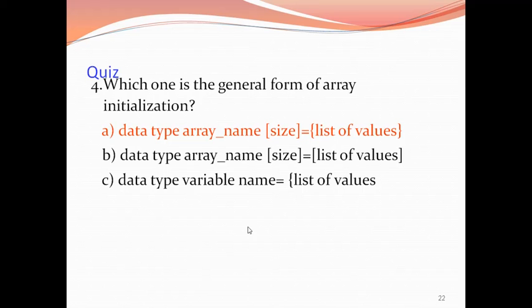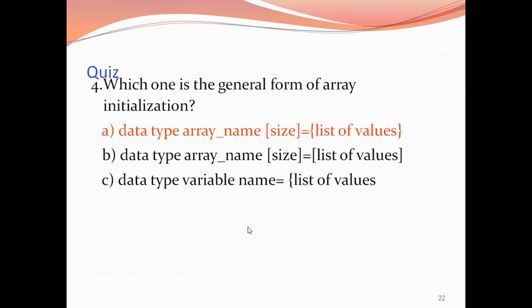In the second option, the list of values is written in square brackets. In the third option, only one curly brace is there. We use the curly braces.